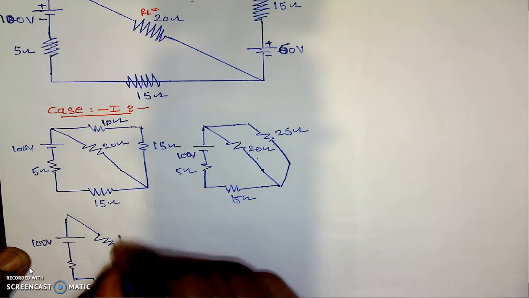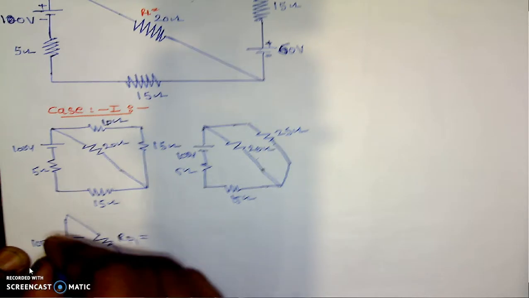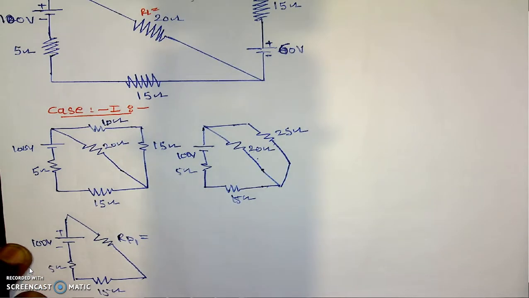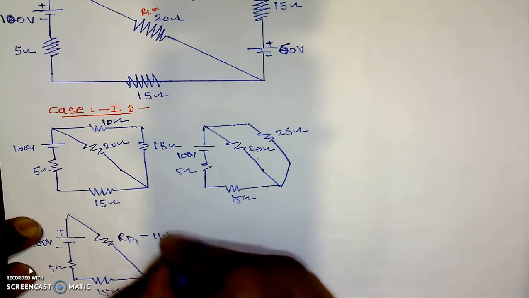I will call it RP1. This is equal to, here it is 15 ohm, this will be 5 ohm with plus and minus terminal. Now I will work out the calculations, in which 20 into 25 divided by 45, which is equal to 11.11. This value is 11.11.